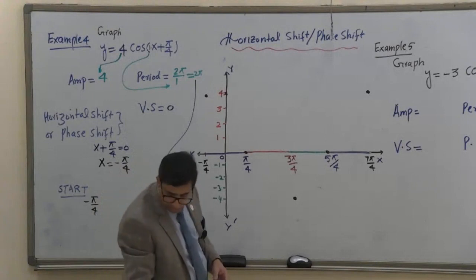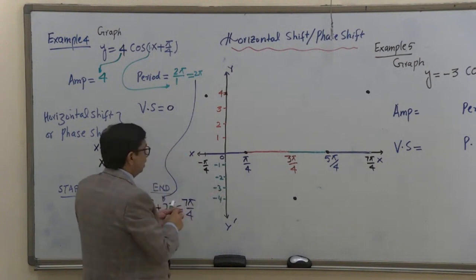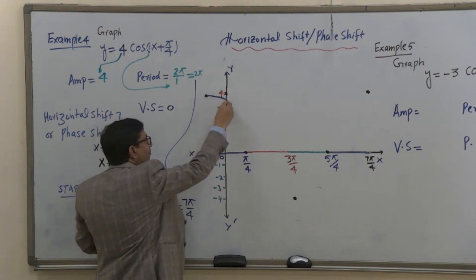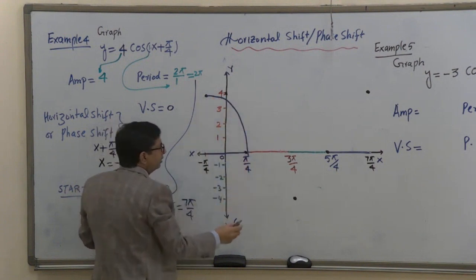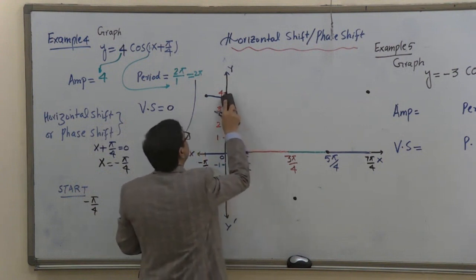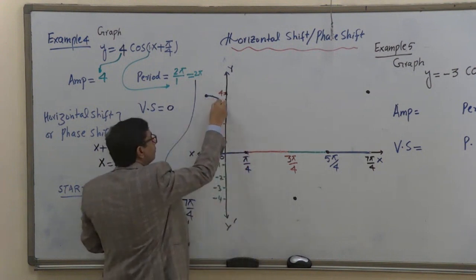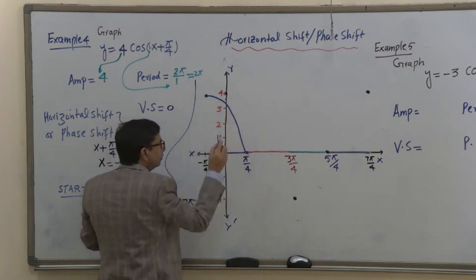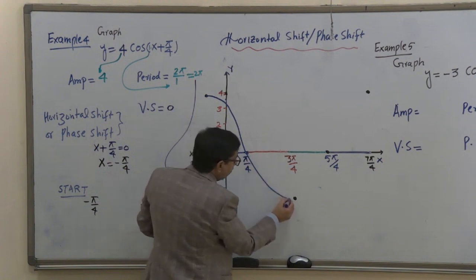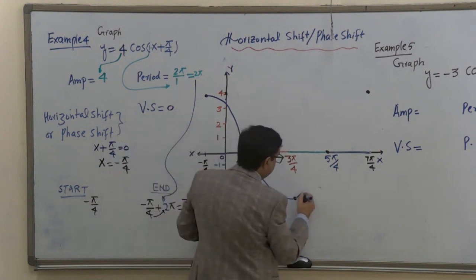Now, we have to graph this function, and for this, we join these points. I use this marker. It should pass through the point. Okay, like this. Then make a curve. Okay, no straight line, curve.